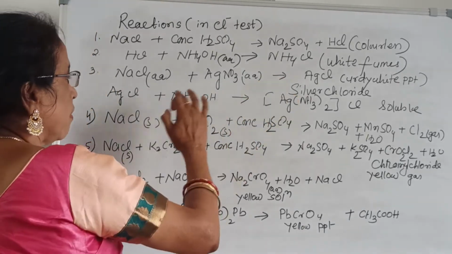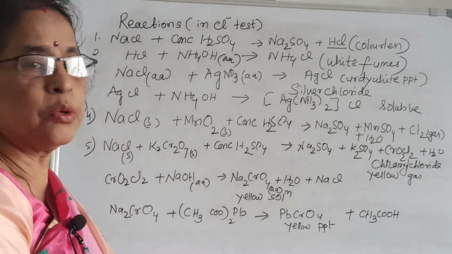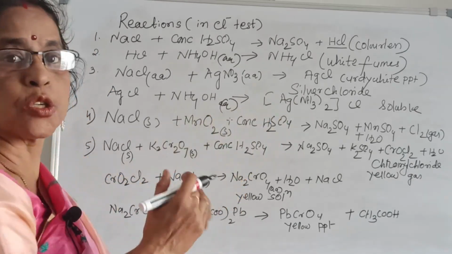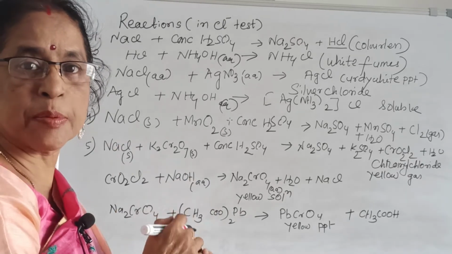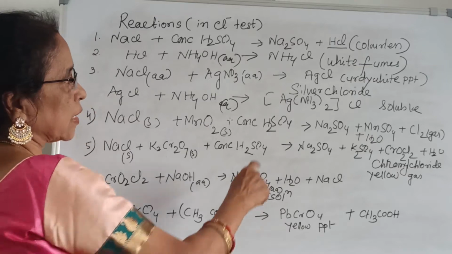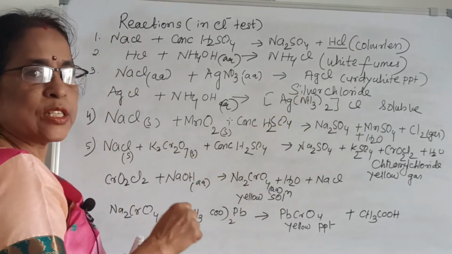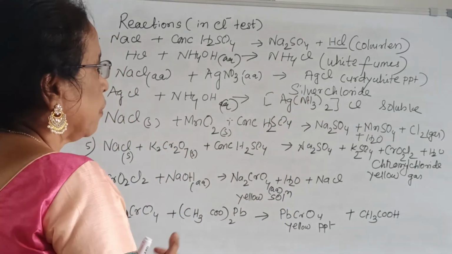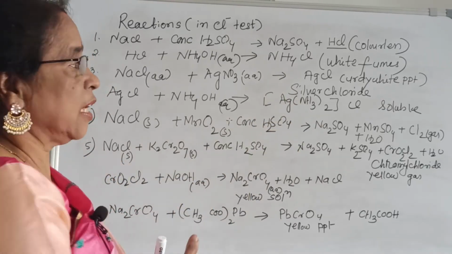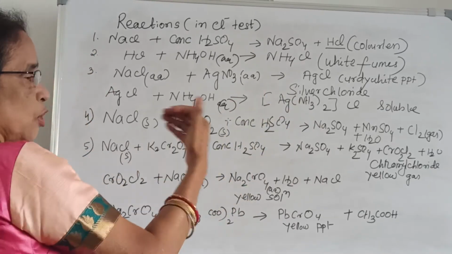Now when this silver chloride is added to ammonium hydroxide, what happens? It is soluble. Why is it soluble? Because it forms a complex, which is soluble in water.